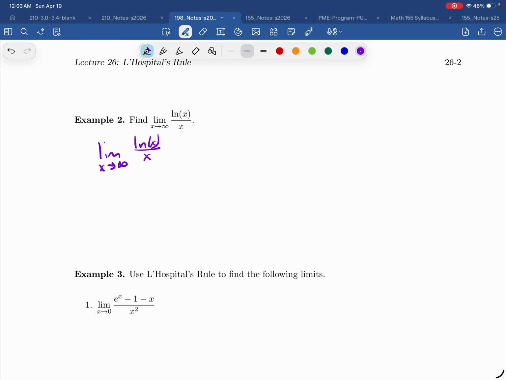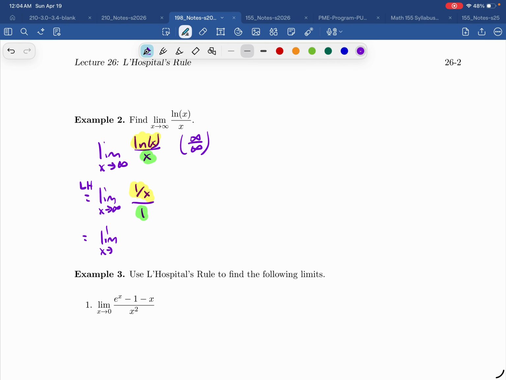So first off, we know that we have an indeterminate form, infinity over infinity. So it's no good. So I'm going to write an equals and I'm going to write an LH. I keep the limit as x approaches infinity, and I write just the derivative over the derivative. The derivative of ln of x is 1 over x. The derivative of x is just 1. So I get that.